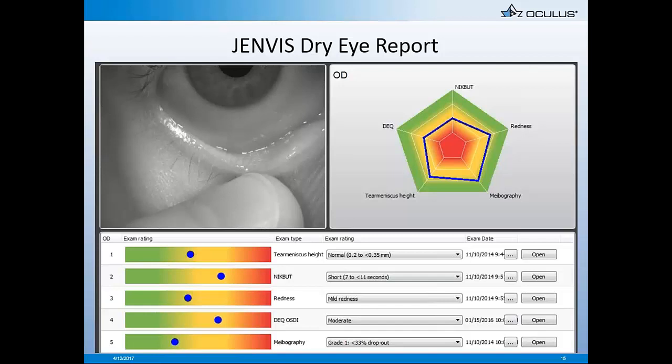The NIKBUT is absolutely critical, and by putting it on, this will grade it for you, and then it'll give this upper right picture that will help you on this particular patient: where are the problem areas? What do I need to focus on? So it's a very quick glimpse into what you need to do from your treatment plan.